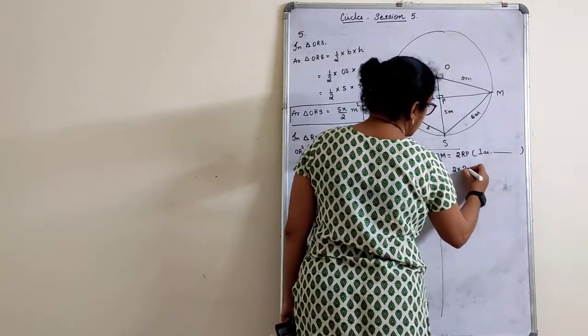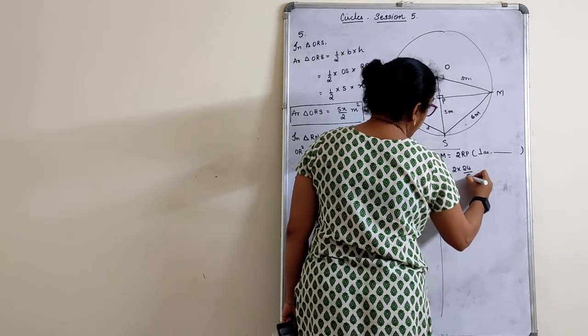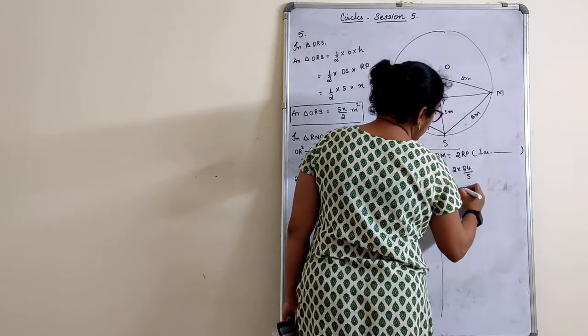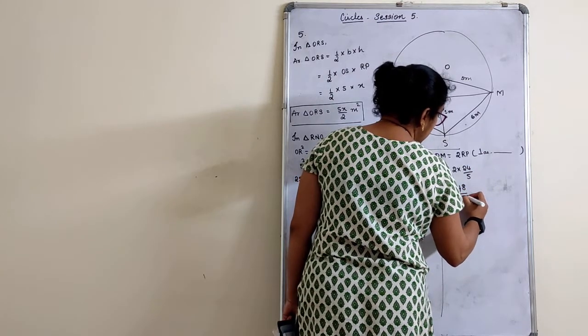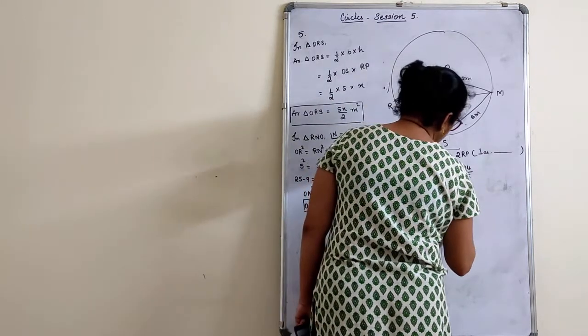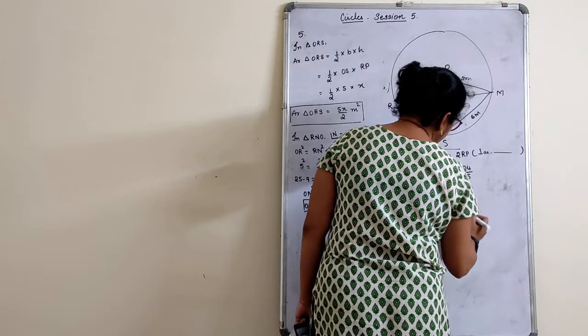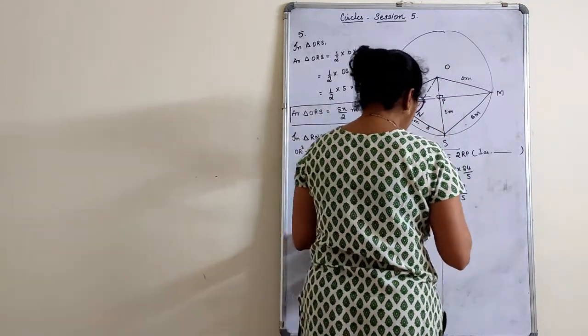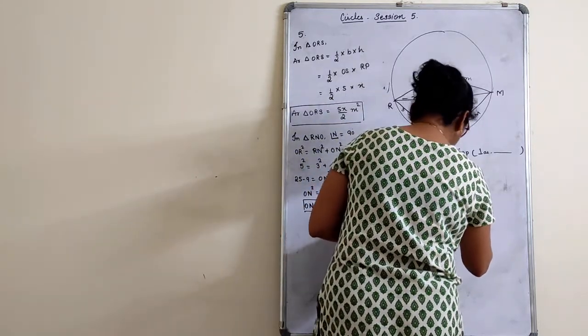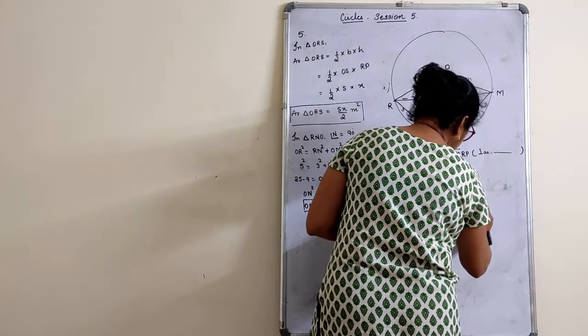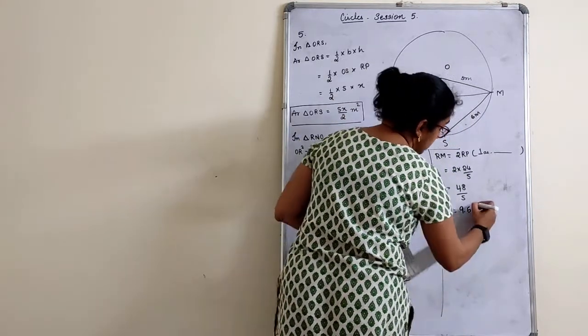How much is that? 24 upon 5, 2 twos are 4, 4 twos are 8, upon 5. So RM is equal to 48 upon 5, which is 9.6 meter.